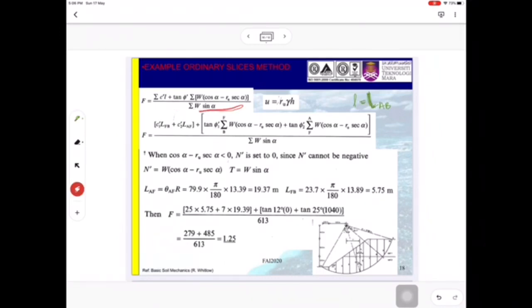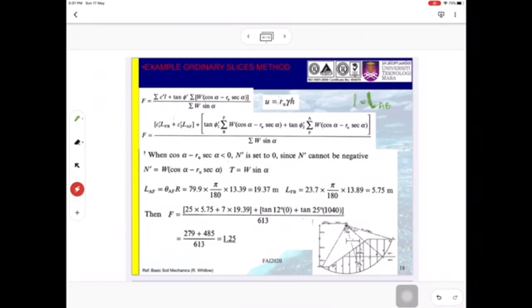So this equation W sine alpha is still the same T, tangent phi prime. The just difference is somewhere here. Instead of W cos alpha minus UL, you use W cos alpha minus RU second alpha.